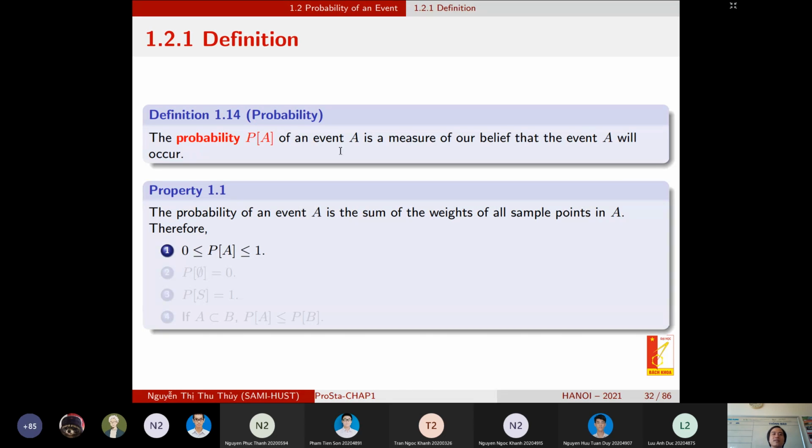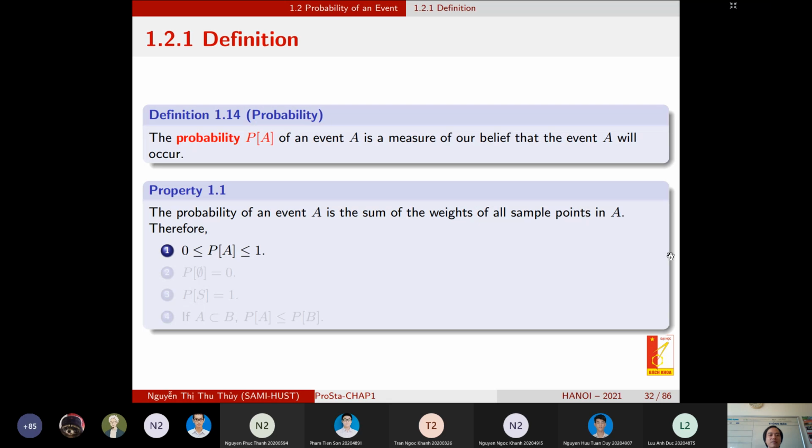We say that the probability of an event is a measure of our belief that the event will occur. That means the more likely the event is to happen, the bigger the probability. So we list some axioms, or properties, of probability.